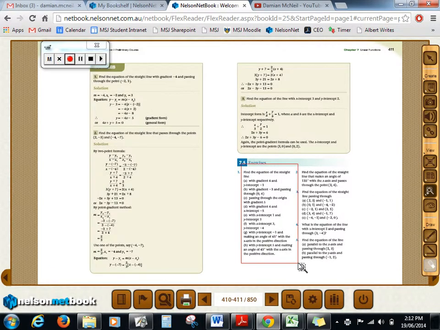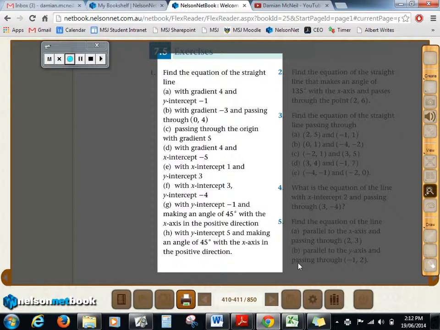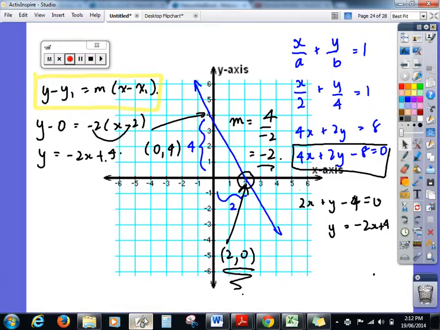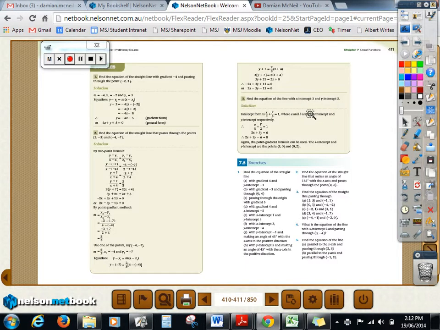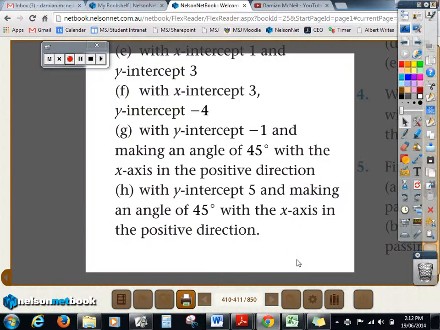The first question here is simply choosing the correct one of those formulas. But most of them are just gradient intercepts, so no problem. But don't forget, as we often do forget, that when we come down here and we've got angles, the gradient m equals tan theta.